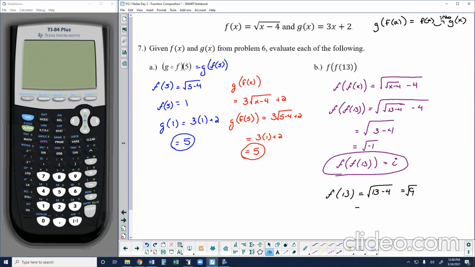So now you would have f of 3, which is the square root of 3 minus 4, which you can see is the square root of negative 1, which is i. We'd still get to the same result. So really the process is the same. It's just either doing the two different operations separately and combining their results, or doing the two different operations together. So function composition can be done either as a composition of the functions first, then substituting the value, or substitution first and then substitution again to match that function composition pattern.